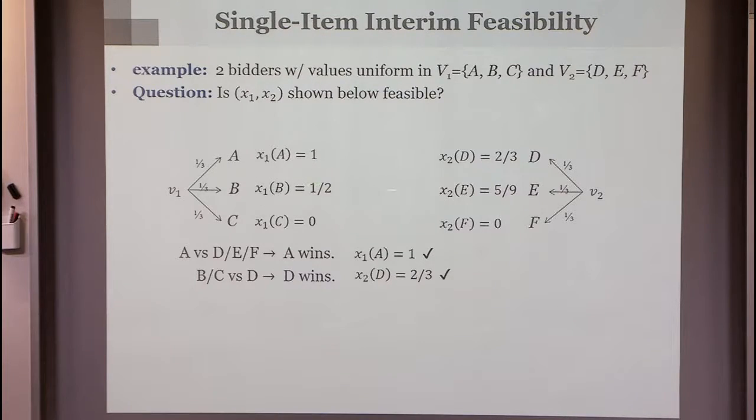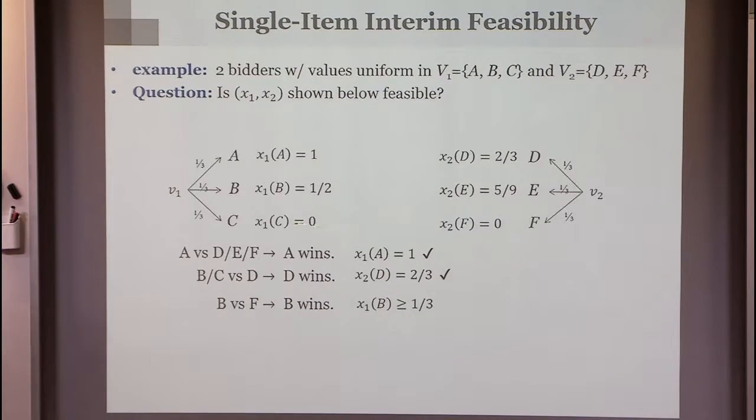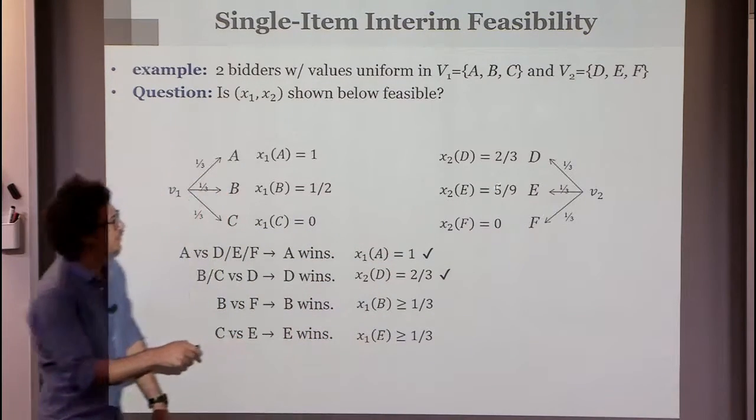Let's see about these other two guys. Well, since this is a 0, whenever we have B and F, we can comfortably give the item to B. And we get at least 1/3, because this event happens with probability 1/3. And similarly, whenever we have C and E, we can give it to E. And now this guy, this is a 2, this guy also gets at least a third.